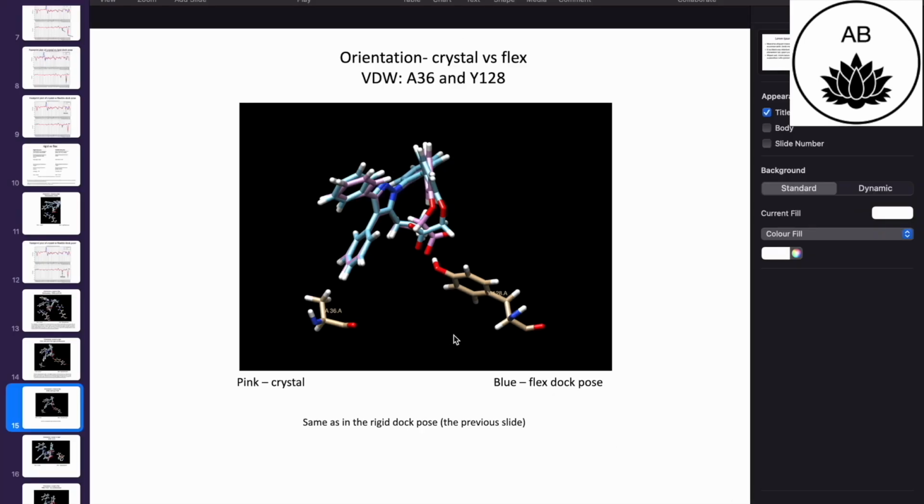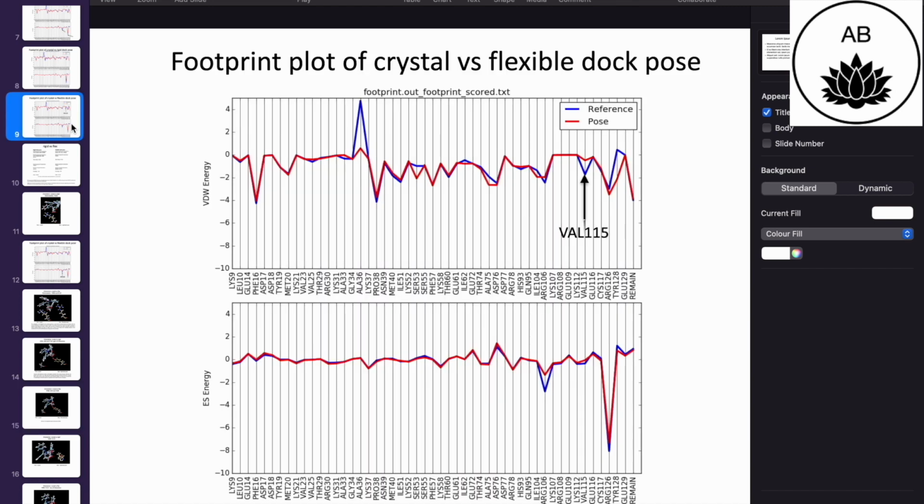So with respect to tyrosine 128, the blue structure is much more away, reducing the van der Waals clashes, right? And the same applies for alanine, but on a much lesser scale, I would say. In the plot, ALA 36, however, shows much more deviation as compared to tyrosine 128.